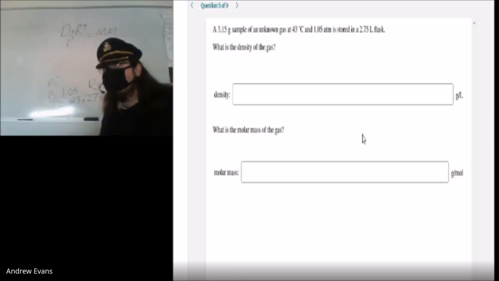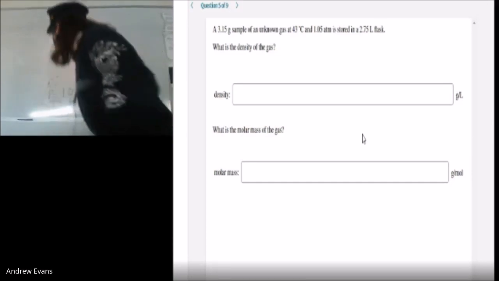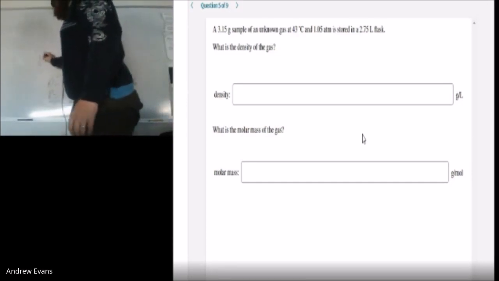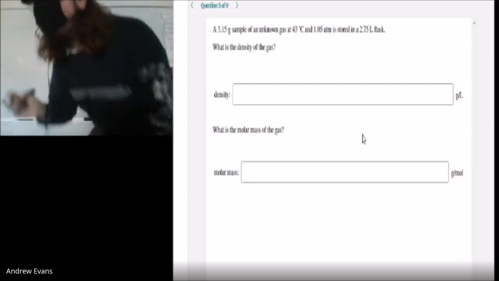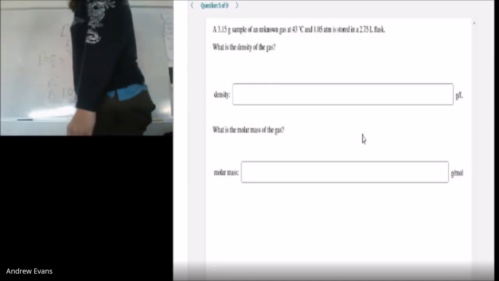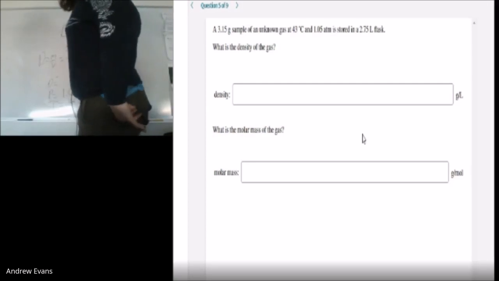Oof, we don't know. But density is equal to mass over volume. Just conveniently, they give us a mass, they give us a volume. So in order to calculate that, density equals M over V, we're going to take our mass, which is 3.15, and we divide by our volume, which is 2.75.